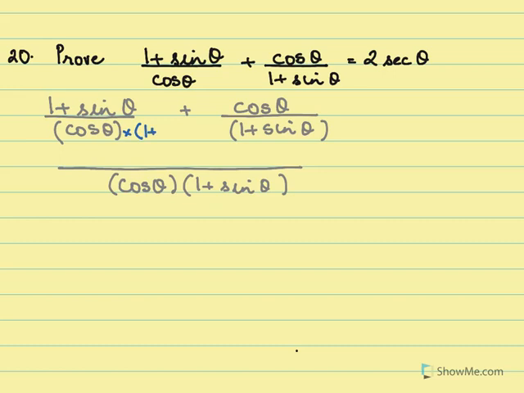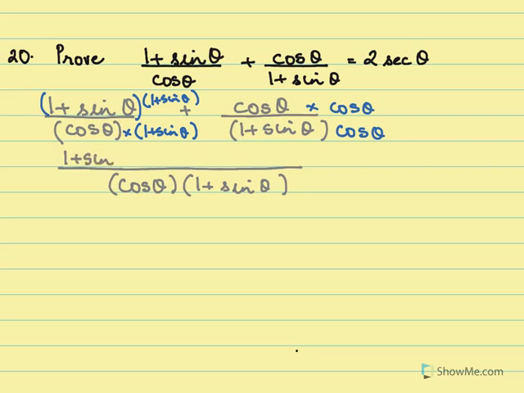So here I need to multiply this by 1 plus sine theta to get the LCM. And whatever I do to the numerator, I do to the denominator. So here too I need to multiply 1 plus sine theta. Now the next fraction has 1 plus sine theta, and I need to multiply it by cos theta to get the LCM. So here also cos theta.